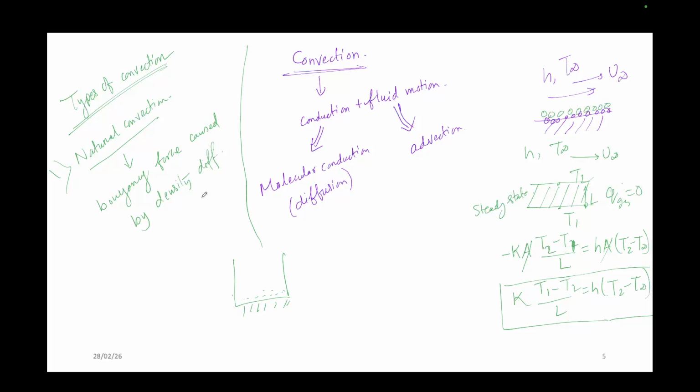So as I said, initially this is your hot fluid, which means the density will reduce, so this fluid will move upward. That means there is fluid motion, and this is mainly because of the fluid density.